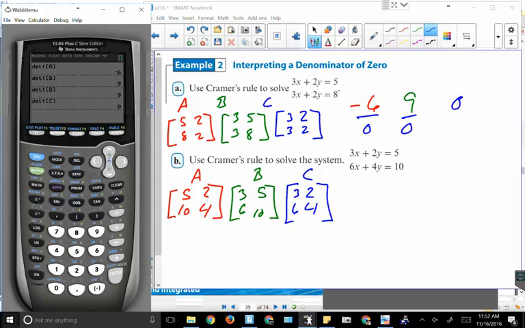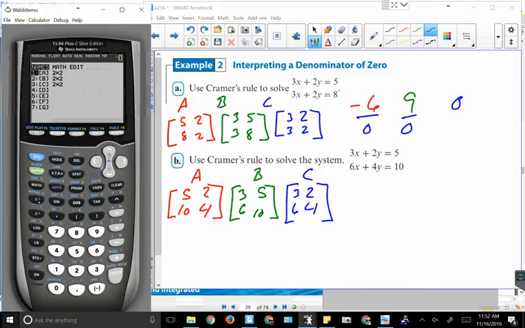So now that I've got the matrices in, I need to go through, calculate out what the determinants are going to be. So, second matrix, there we go, calculate out determinant, 0.